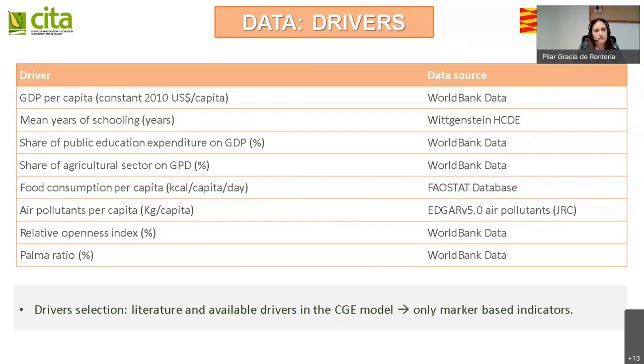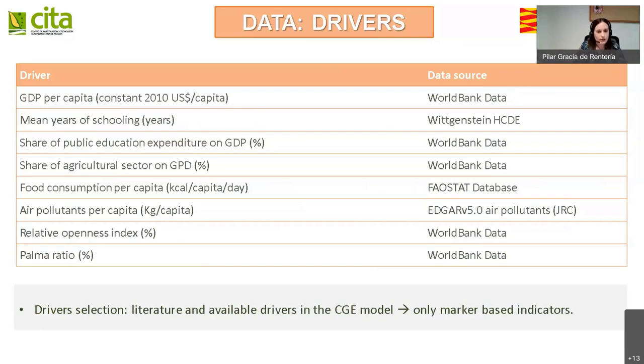We also consider the share of agricultural sector on GDP as a proxy of rurality, and the daily per capita food consumption. Environmental conditions are also considered and measured through the air pollutants per capita. We also consider the institutional conditions captured by a relative openness index, which is measured as the ratio between the country's share of trade on GDP and the world's share of trade on GDP.